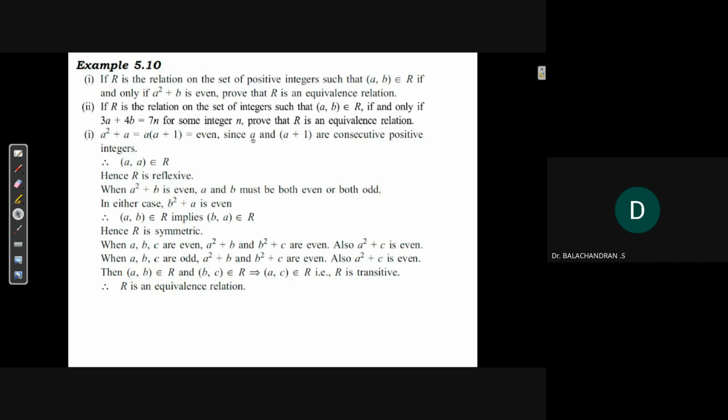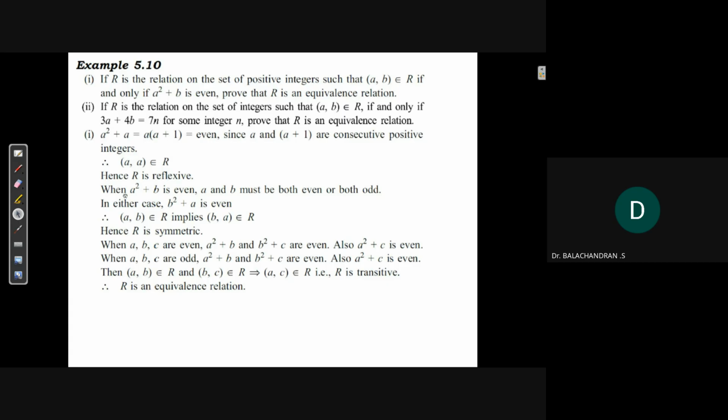But we know that a and a plus 1 are consecutive positive integers. If you multiply any two consecutive positive integers, you'll get an even number. So a square plus a is an even number. That's why a is related to a, and hence R is reflexive.